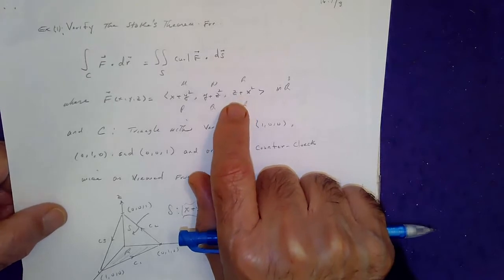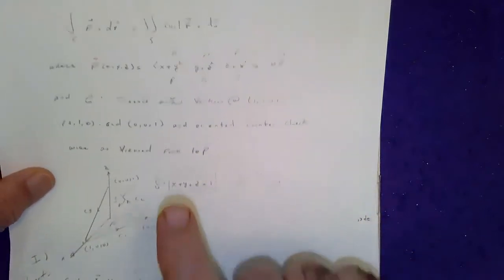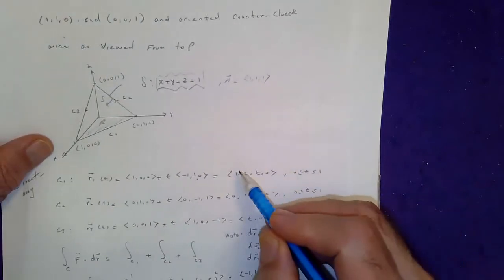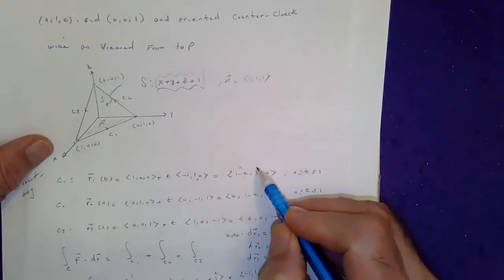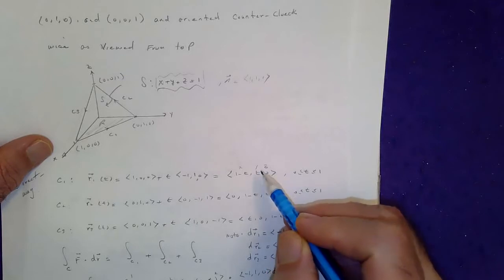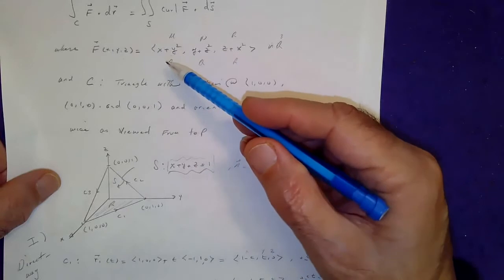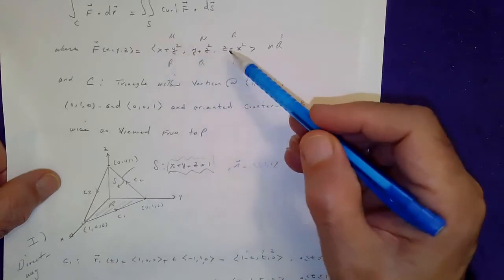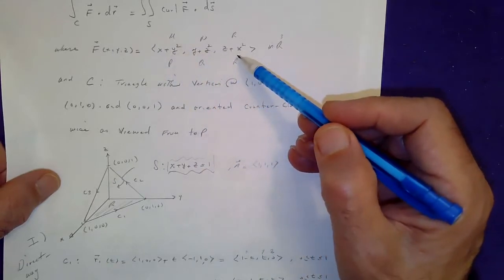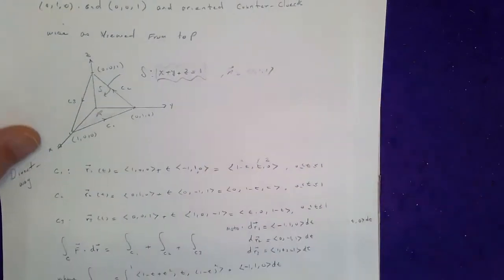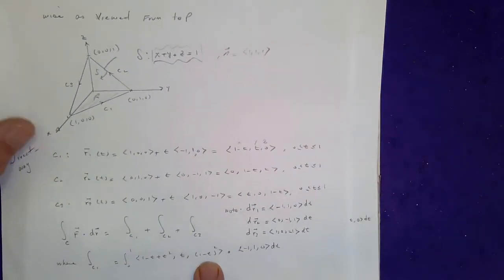For instance, for C1, remember x is 1 - t, y is t, z is 0. So here I have to replace x's with 1 - t, y's with t, and z's with 0. And I get this.